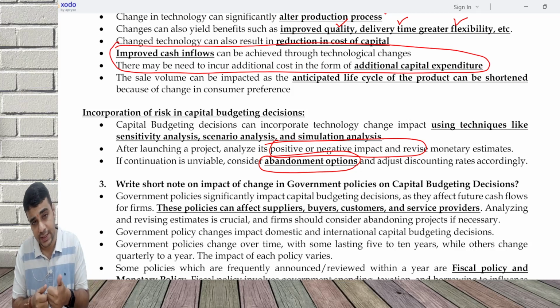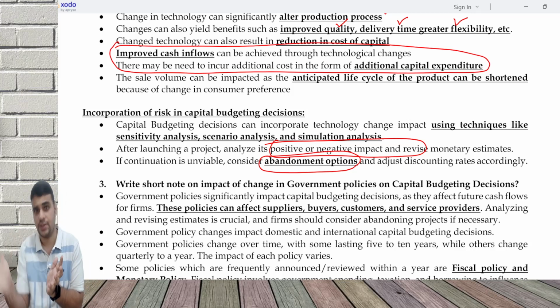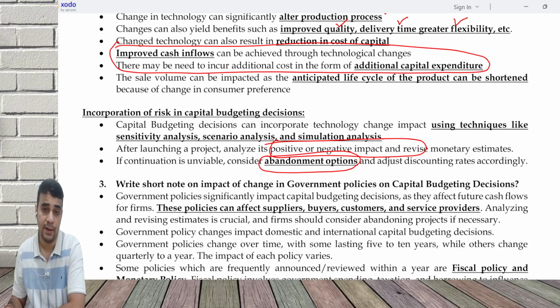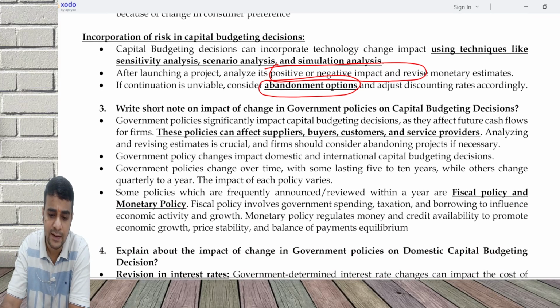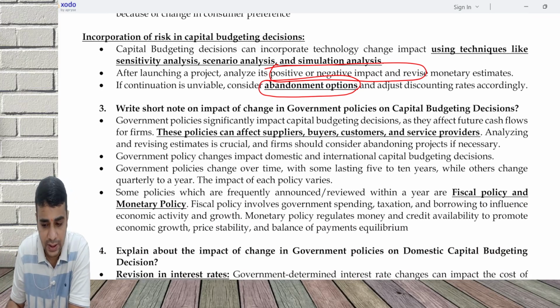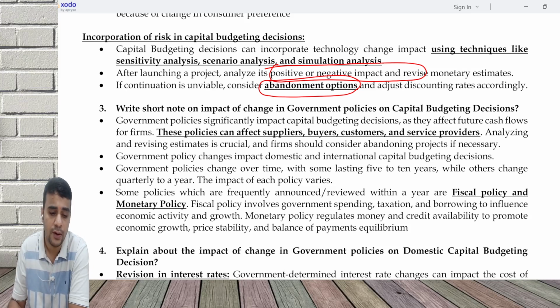On the domestic side, I'm impacted by the government actions here. When I do an international capital budgeting problem, we'll have to factor in the risk of the decisions taken by that government. Also, if any restrictions are brought in by my respective government. Government policies significantly impact capital budgeting decisions as they affect future cash flows for the firm.